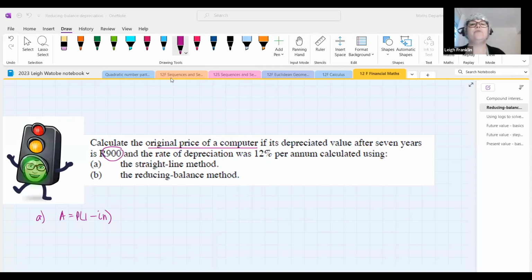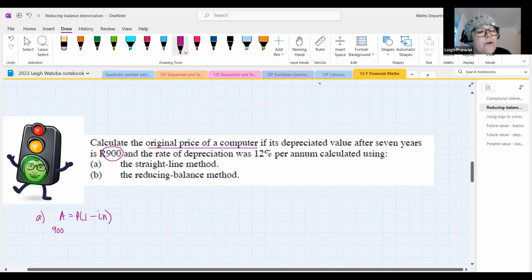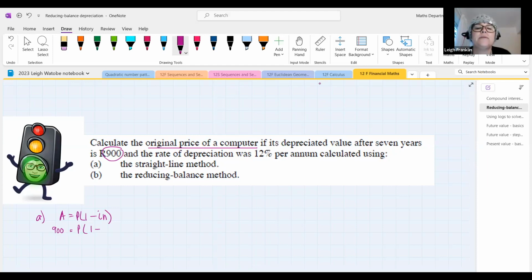The 900 is the A, absolutely. So 900 is going to go over here. 1 minus i, so that's 0.12, times n, that would be 7.